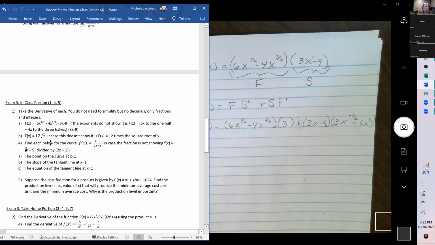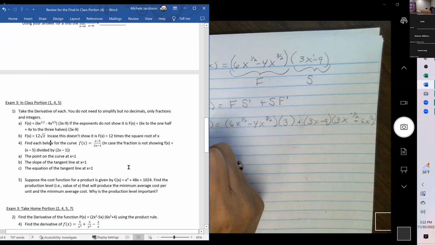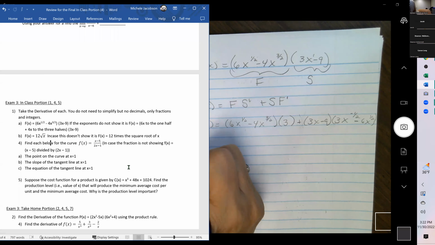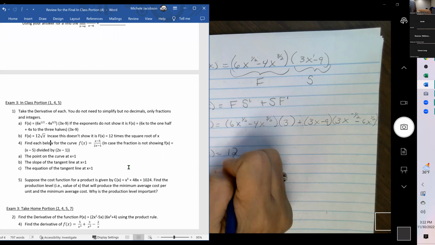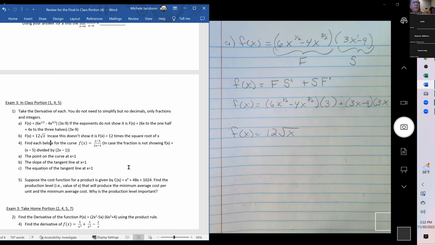We will do both of these, but I want to do B the same way. We'll combine them. So if f of x equals 12 square root of x, we'll use the same steps. The point on the curve at x equals 1.